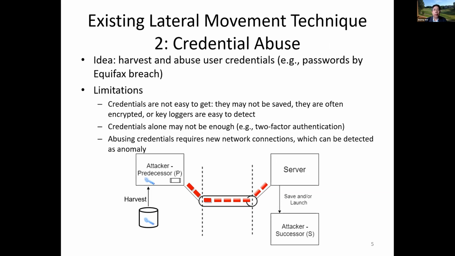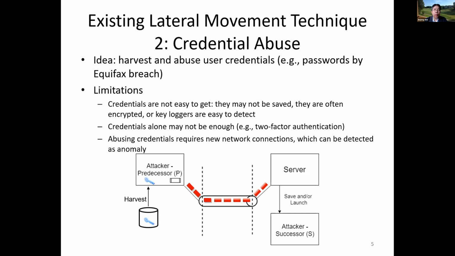The second known technique for lateral movement is credential abuse. The idea is to harvest and then abuse the credentials to enter further systems. It is very straightforward: they first collect the user logon, username, and passwords, and then just use that information to enter more systems. This also suffers from some limitations.